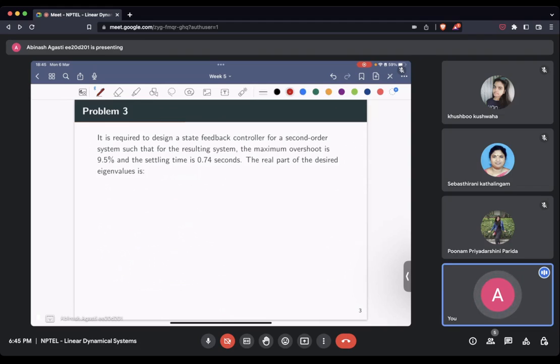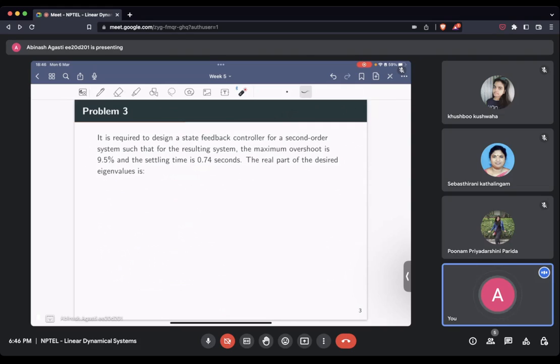Now what we have is, it is required to design a state feedback controller for a second order system such that for the resulting system the maximum overshoot is given by 9.5% and the settling time is given by 0.74 seconds. Then we want to find out the real parts of the desired eigenvalues. So how do you propose we move forward in this? Let's just think about this. Remember that we learned about second order systems and their response characteristics in standard control systems.